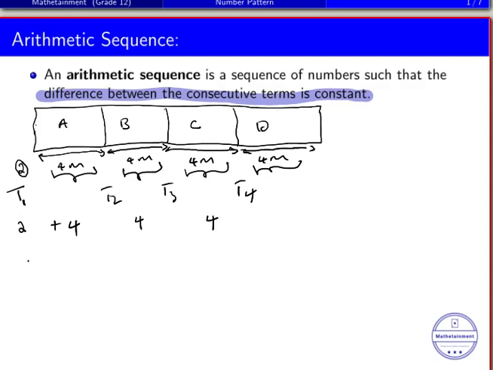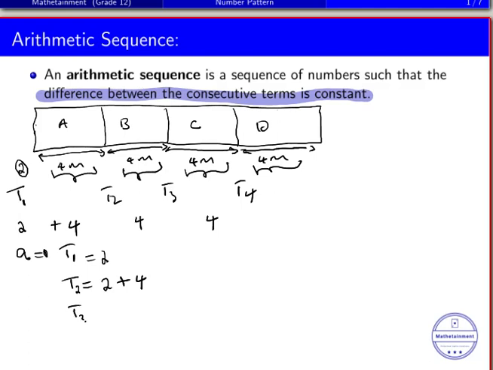So here I have my A. My A is my first term, in fact, which is 2. And pay attention here. My T2 is A, my A is 2, plus 4 meters from class A to class B. And this one is my T2.